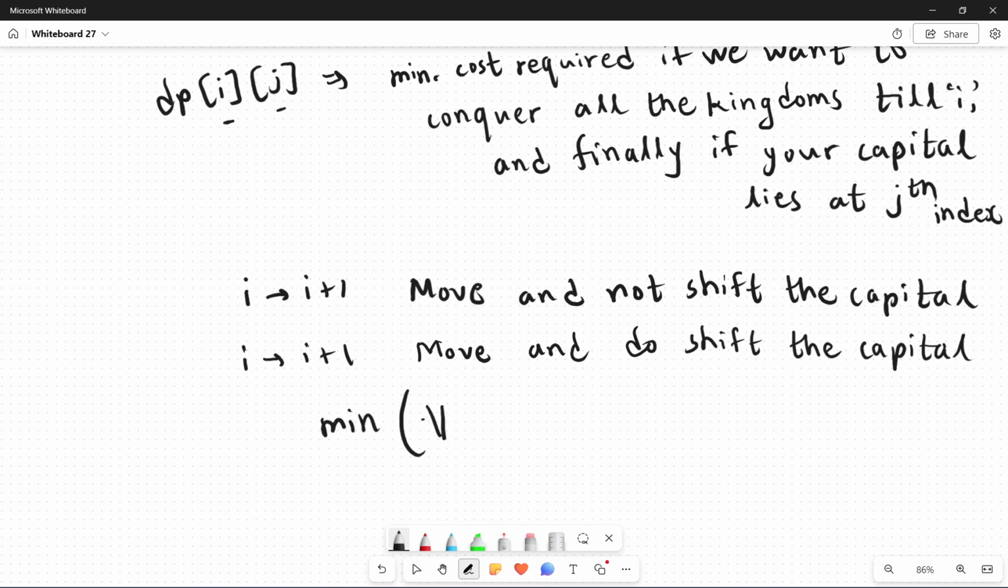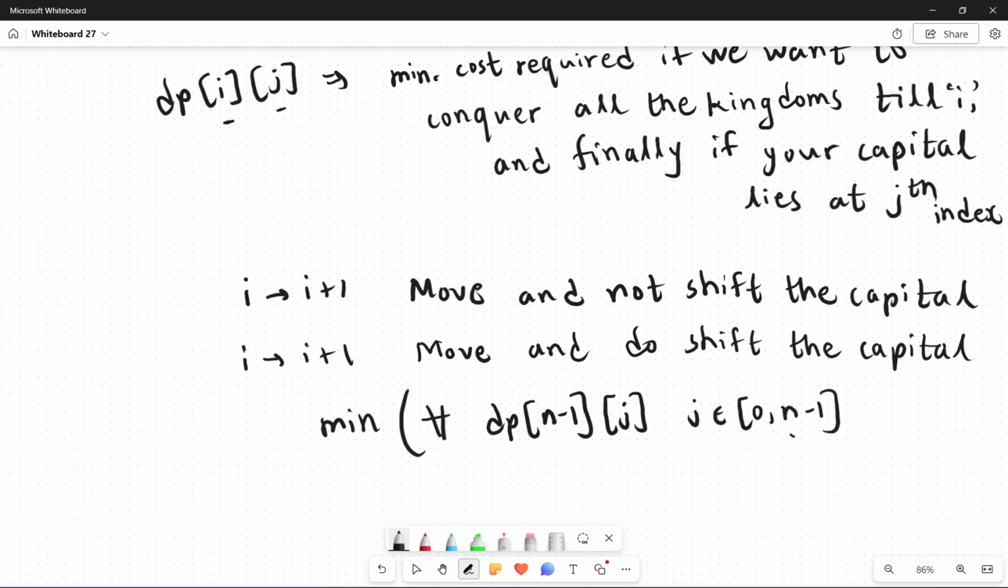And finally your answer will be the minimum of all the dp values. Assuming zero based indexing, dp of n minus 1 and j, for all j belonging to 0 to n minus 1.